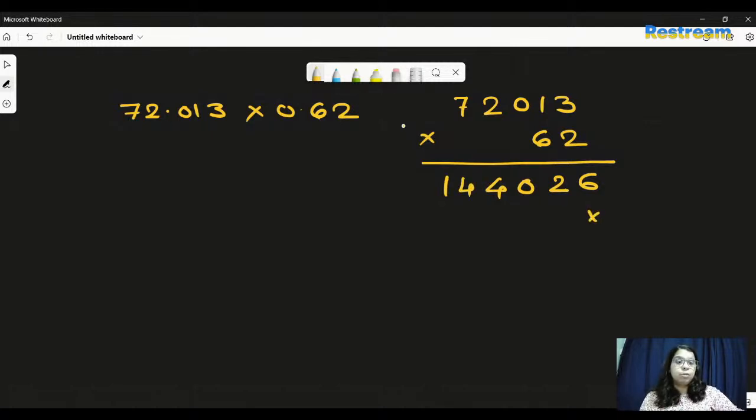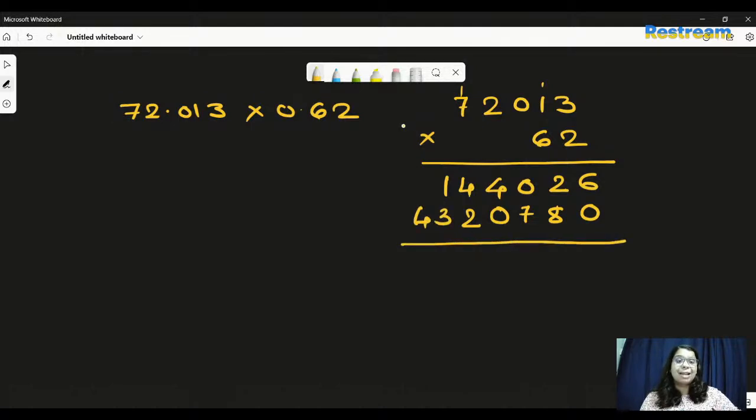Now we are going to do this. Why do we add a 0 over here? Because a zero signifies that we are multiplying a 10th place number. If there are two, we are multiplying a 100th place number. So 6 times 3 is 18, 1 carry, 6 times 1 is 6, plus 1 is 7, 6 times 0 is 0, 6 times 2 is 12, 1 carry, 6 times 7 is 42, plus 1 is 43.